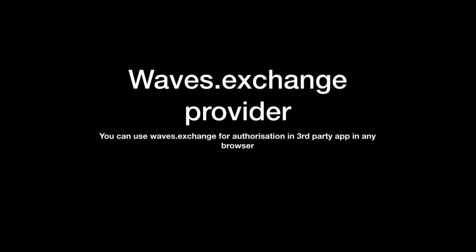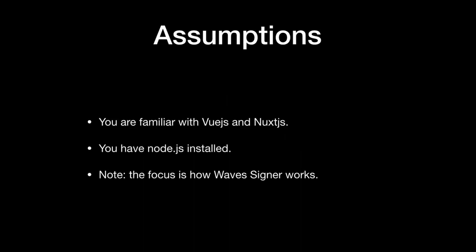So in this video, we'll be focusing on the Waves Exchange provider. We're going to use the Waves Exchange in order to authorize a third-party app, which I'm going to demo to you shortly and show you how easy it is to integrate Wave Signer in a web app. So these are the assumptions for this video. We'll be using a web app that was developed in Nuxt.